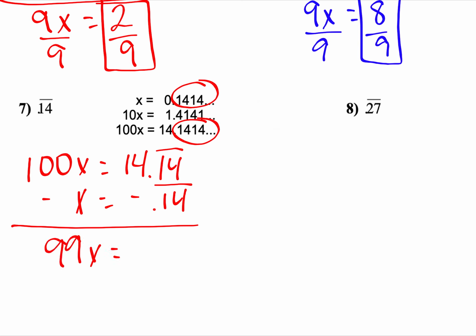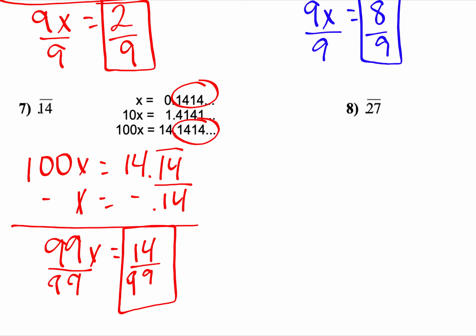That gives me 99x equals 14. I can divide both sides by 99. And 14, let's check to see if this reduces. 14 is made out of 2 and 7. So 2 doesn't go into 99, and neither does 7. This doesn't reduce. 14/99 is the fraction.